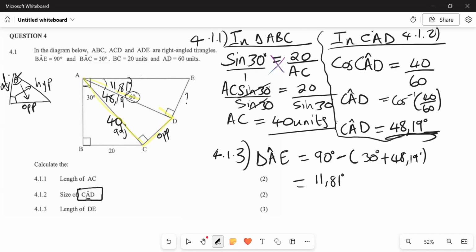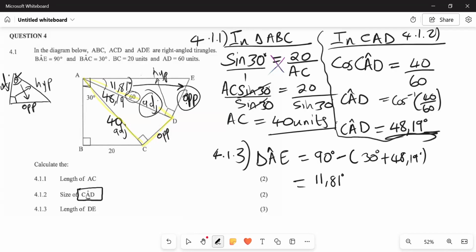Now that you have your angle there, 11,81, and the side 60, now you can get the side DE. So this side becomes our opposite because it's opposite to our actual angle. This one here becomes our hypotenuse. And then this one is our adjacent. So we're looking for the trig ratio that will accommodate adjacent and opposite.